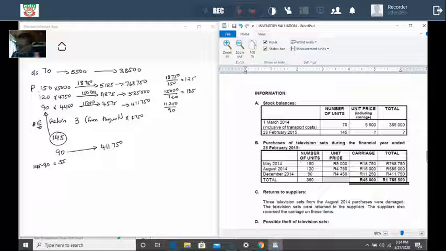Now we go to the next level. The 55 will come from here. Okay? So the 55 comes from there. So those 55, we are going to multiply by the value of each stock. So we are going to multiply by what?